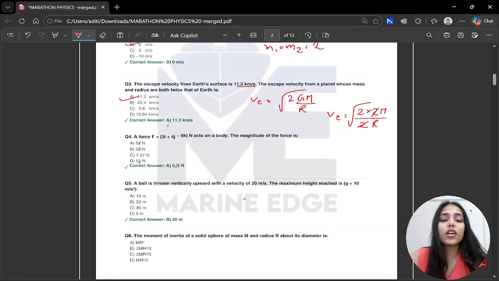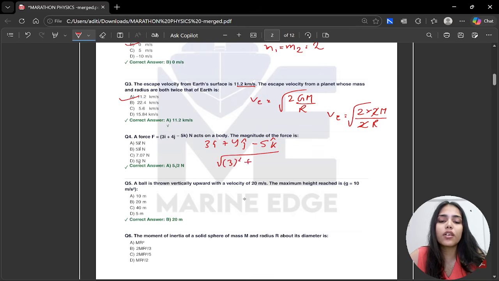Now, next, a force F is equal to 3i cap plus 4j cap plus 5k cap, minus 5k cap, acts on a body. It is asking for the magnitude of the force. So basically it is a vector question. It is asking for the magnitude of the vector. So what is the formula? The formula is we just square all these three values and take the under root of it.